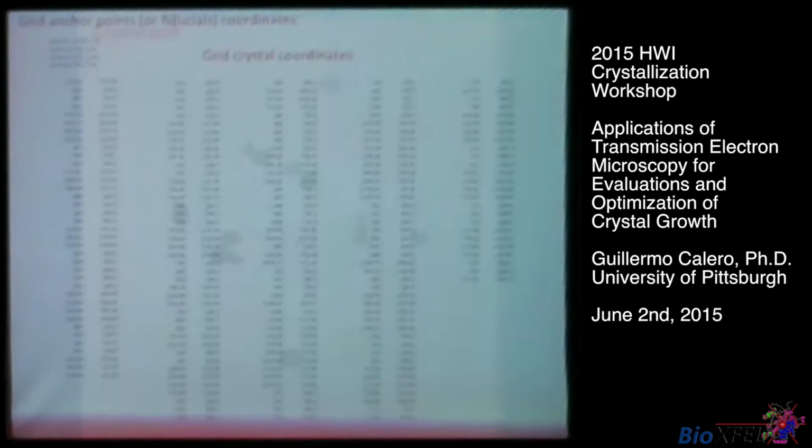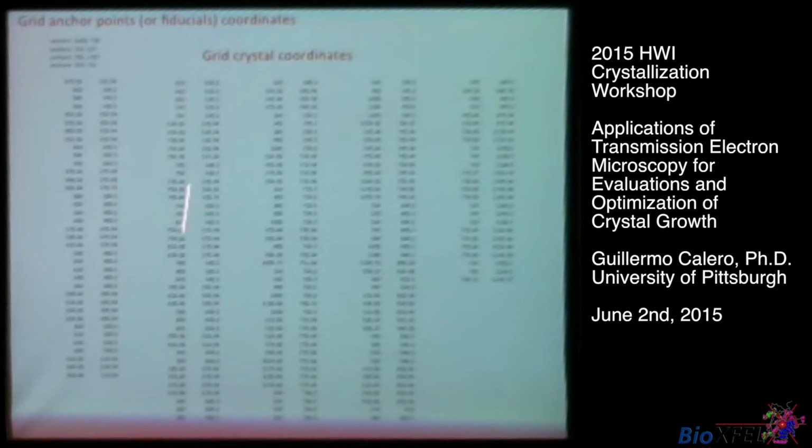So basically you get a list like this, and then you can just go and shoot automatically. The XPP setup is really hard because if you don't have this type of thing, you usually have to look into a 0.3 or 0.5 mitogen loop, and spend 20 minutes trying to find the crystals. In this method, you can get them right away, no matter what size, and you can shoot them automatically.